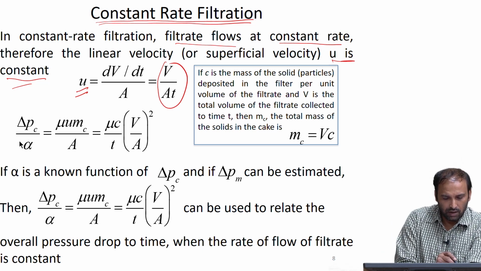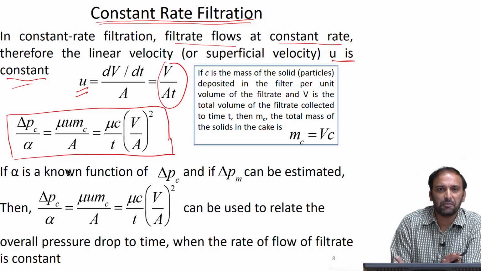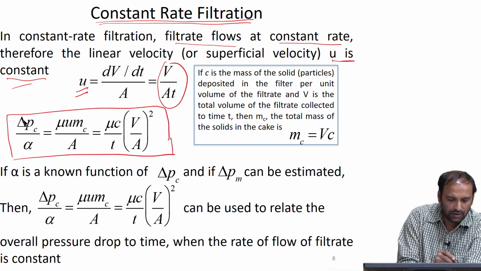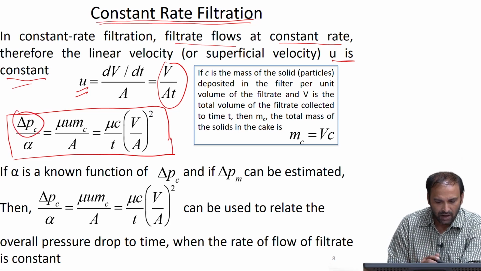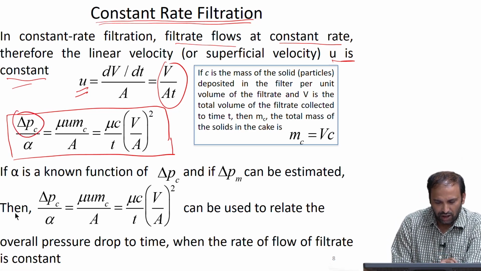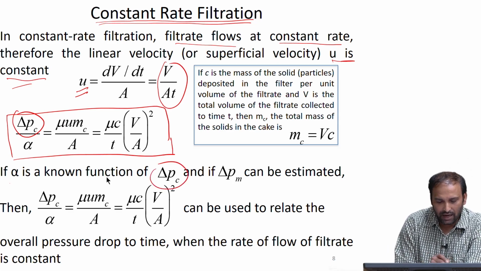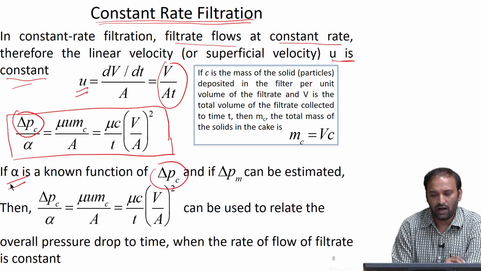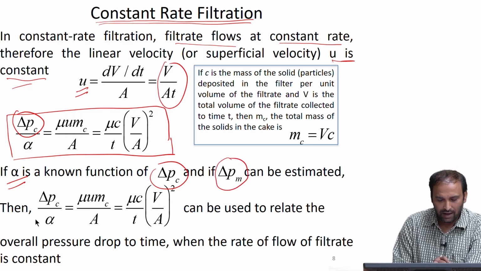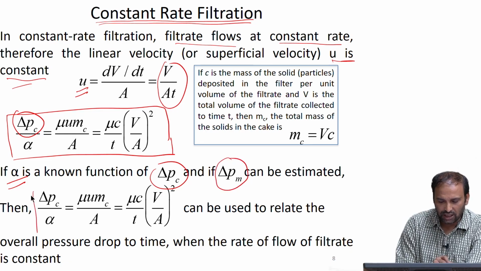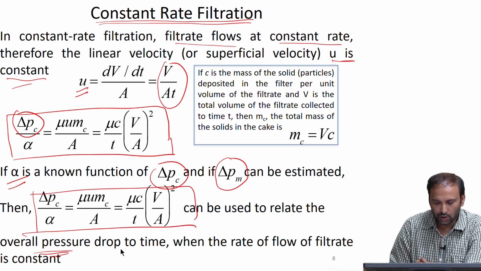Now, the expression that you see here is the expression that we developed for delta Pc, the pressure drop across the filter cake. And now, if you know how delta Pc and alpha are related, and if I have some way of estimating delta P, then I can use this expression to relate the overall pressure drop to the time.